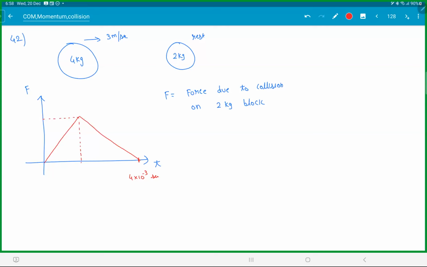Let me calculate some values. So a force of 3000 newtons acts for a very small time, 4 into 10 power minus 3 seconds. This F is the force on the 2 kg block during collision.